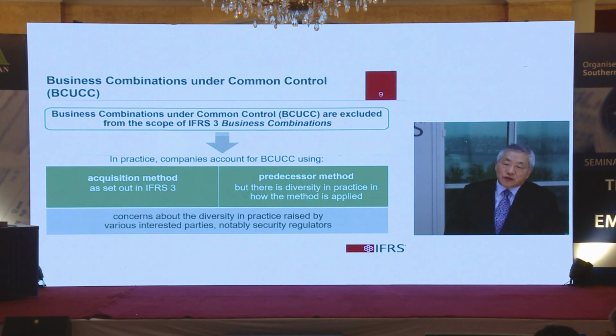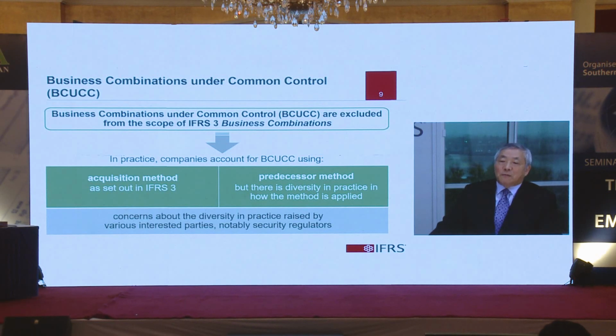Basically, the issue with these business combinations under common control is their measurement. Whether we use the acquisition method that's set out in IFRS 3, basically a fair value method, or another one, the predecessor method, basically a kind of book amount method.